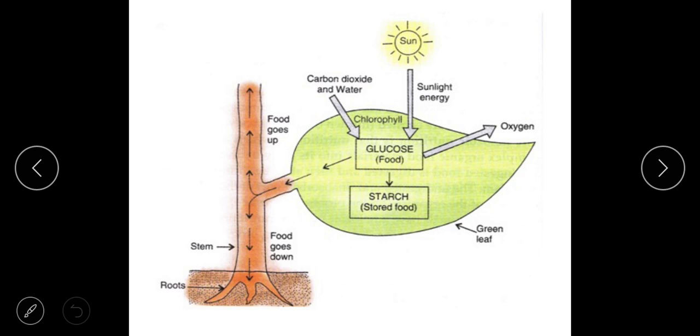This is a diagrammatic view of a leaf where the photosynthesis occurs. You can see the carbon dioxide is diffusing, oxygen is moving out, the synthesis of glucose is taking place, and glucose is then converting into starch.